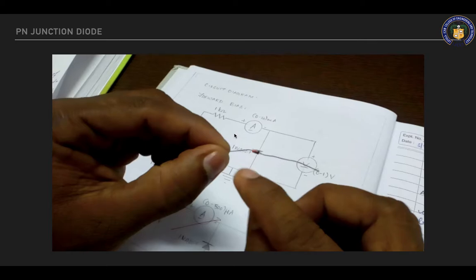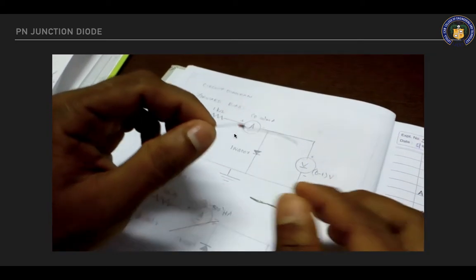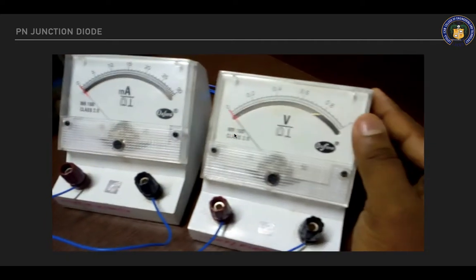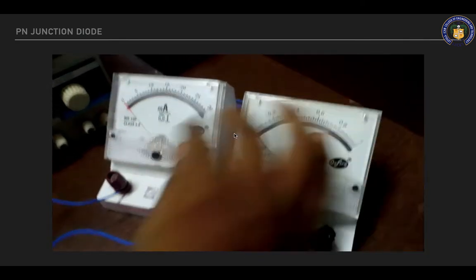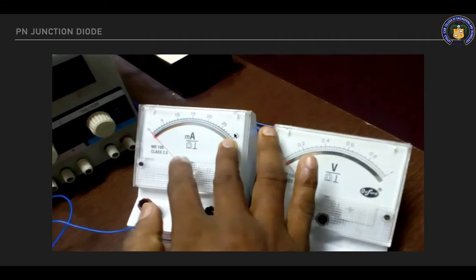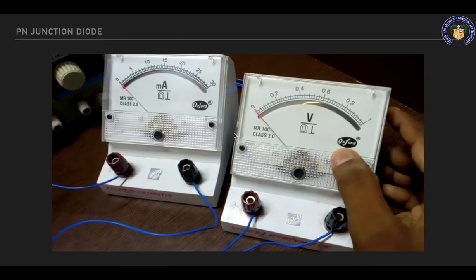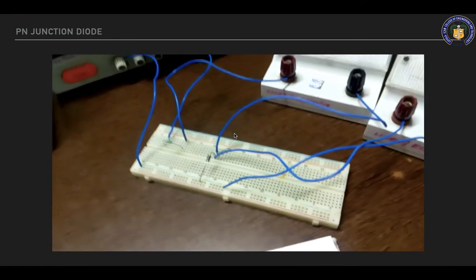This black ring side is cathode, this side is anode. We are using 1 milliammeter 0 to 30 milliamps, 1 voltmeter 0 to 1 volt. Ammeter is connected, the circuit diagram is series, voltmeter connected, circuit diagram is parallel. Connections are made as per the circuit diagram.